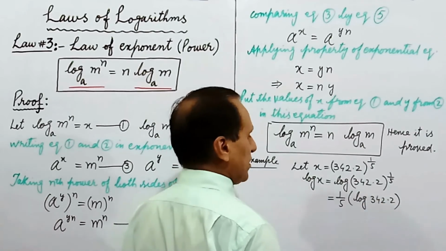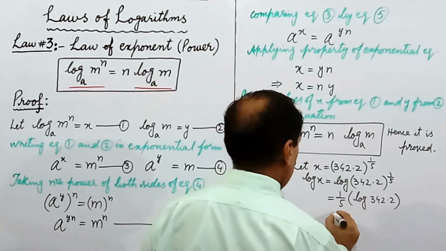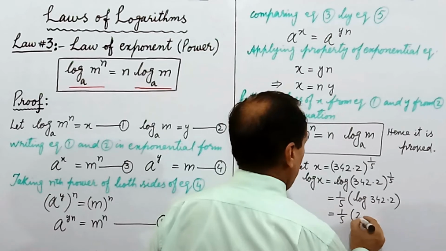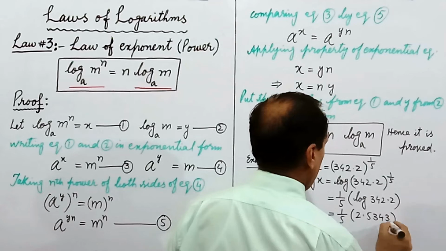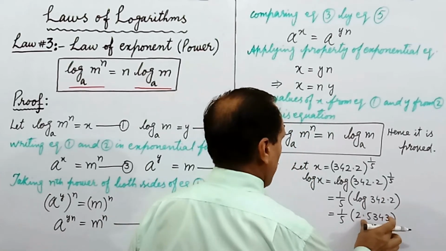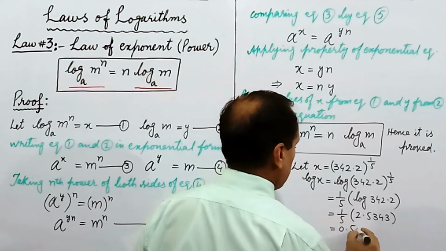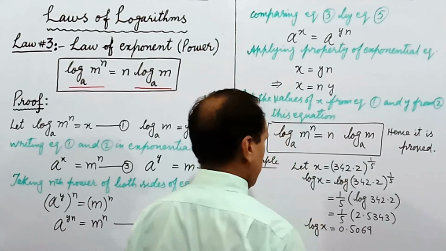As we have liberty to use a calculator, we use the calculator to find the value of log, and we have 2.5343 as the value of log 342. We divide 2.5343 by 5, we have 0.5069, the value of log x.